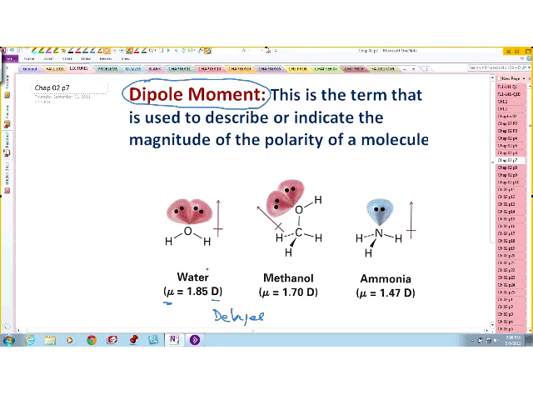In other words, water is a polar molecule. It makes sense because polarity is essentially uneven distribution of electrons. If you look at the water molecule here, you see the lone pairs of electrons on this side of the molecule, so that part has a lot more electrons than the part that has the hydrogen atoms.